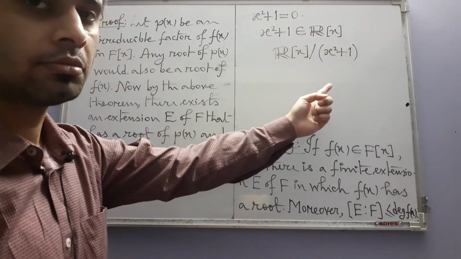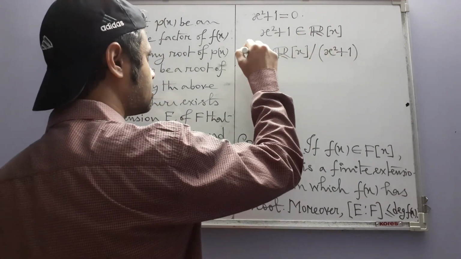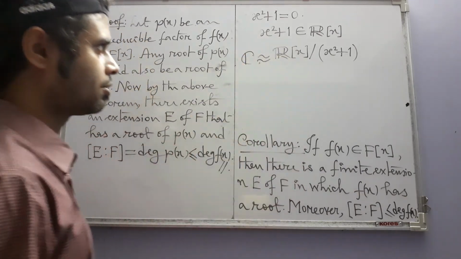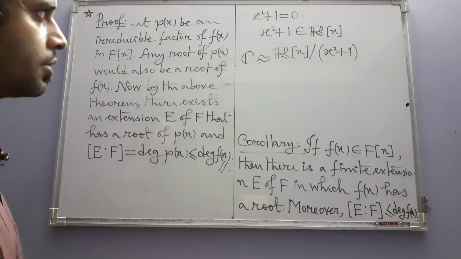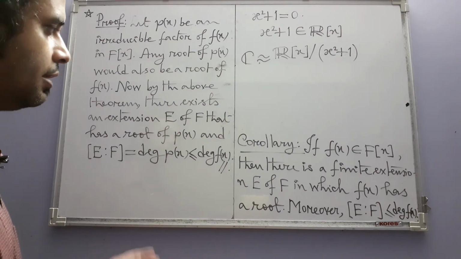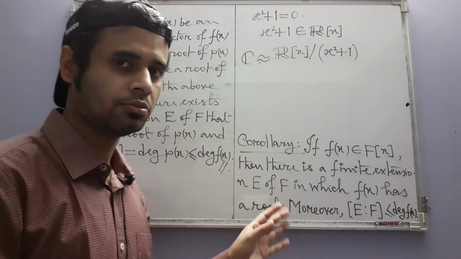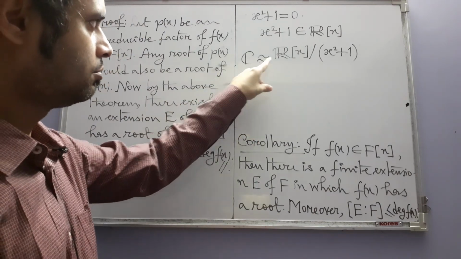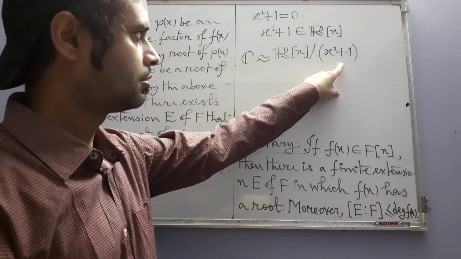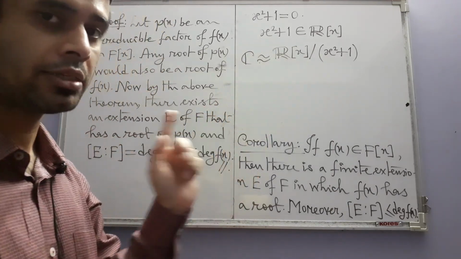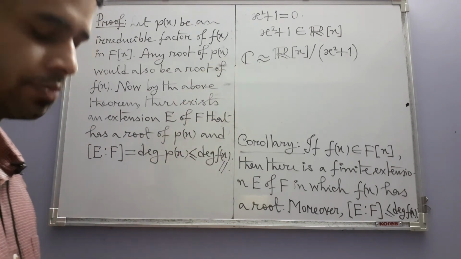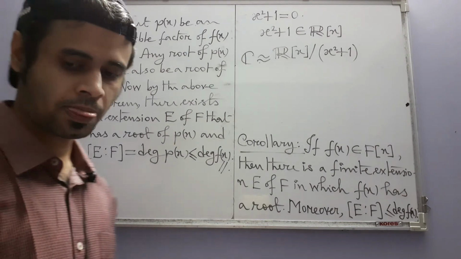So this quotient is a field, and it is isomorphic to the field of complex numbers. So that's how you get the complex field. And in fact, if you go through this proof in this specific case, you will see exactly which element here corresponds to that imaginary unit i in C. They are isomorphic, so you can make sense of those things.